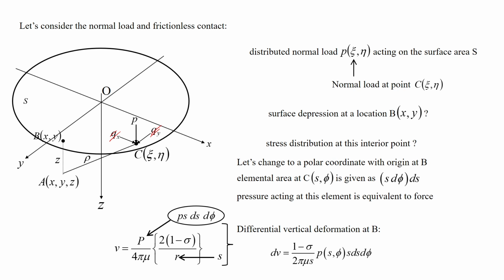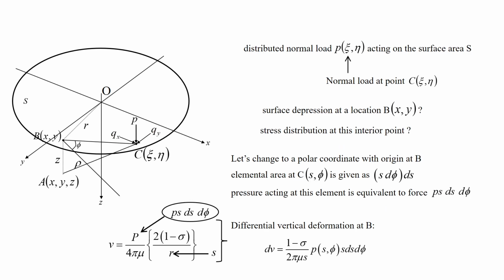So, these are the axes. This particular point B is at a distance r from this center, and this is the perpendicular direction to it. From this direction there is an angle phi here.